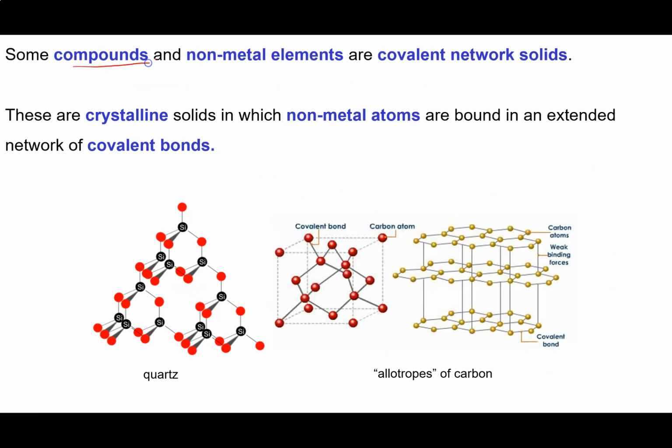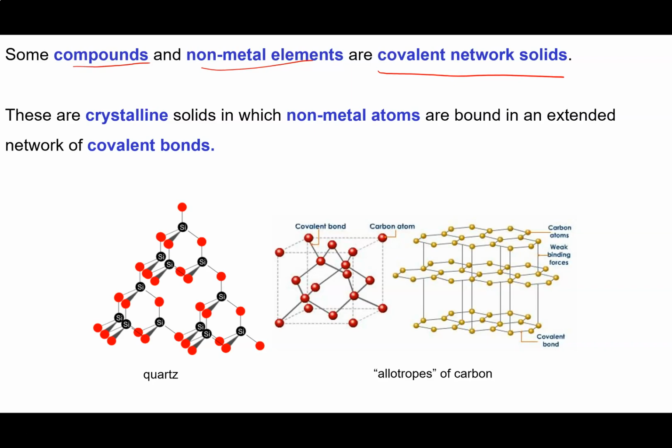Some compounds and non-metal elements form what are referred to as covalent network solids. These are crystalline solids, but rather than a regular repeating pattern of atoms or molecules or ions that are not connected to one another, what we have now is a network of non-metal atoms bound together by an extended array of covalent bonds.